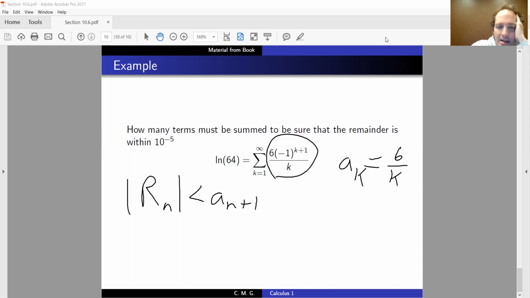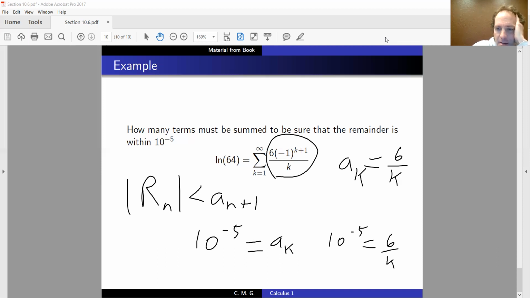And I want my remainder to be no bigger than 10 to the -5. So for what value of k is a sub k equal to 10 to the -5? That's the question. So we plug it in: 10 to the -5 equals 6 over k.